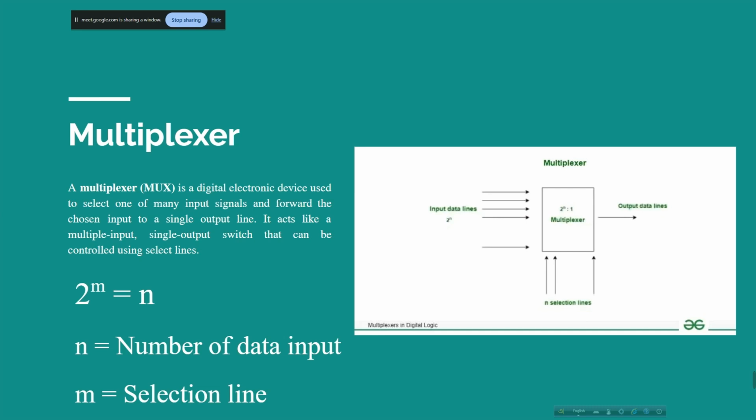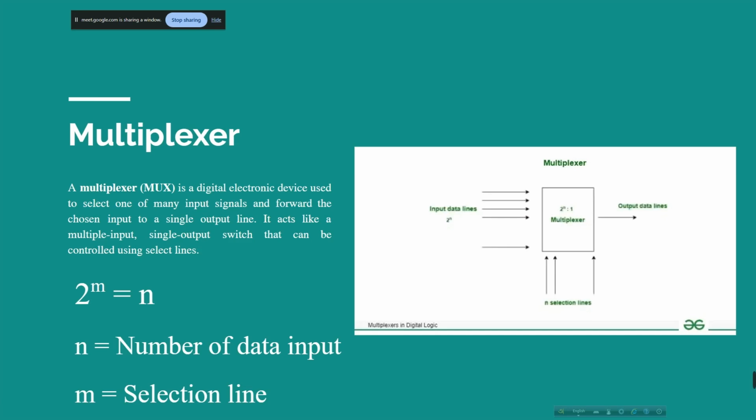In a multiplexer, there are data inputs, but there is a special type of input called selection lines or control lines. The selection lines determine which input is connected to the output.